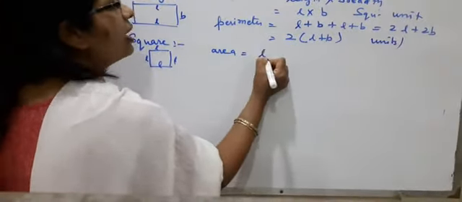If we take length as this side, then height is this. Formula is base into height. If we take base as L, then height is H1, and if we take base as B, then height is H2.